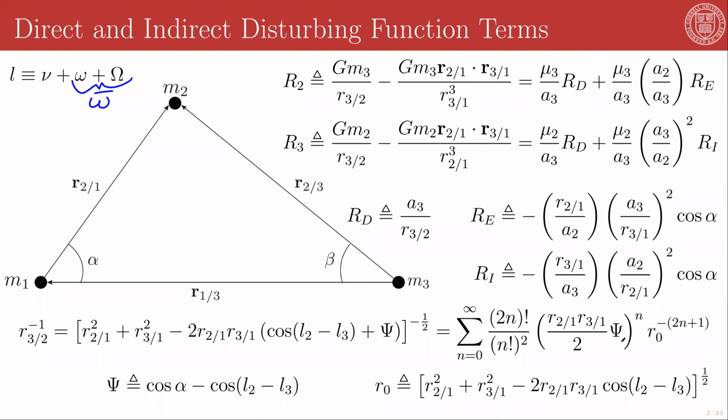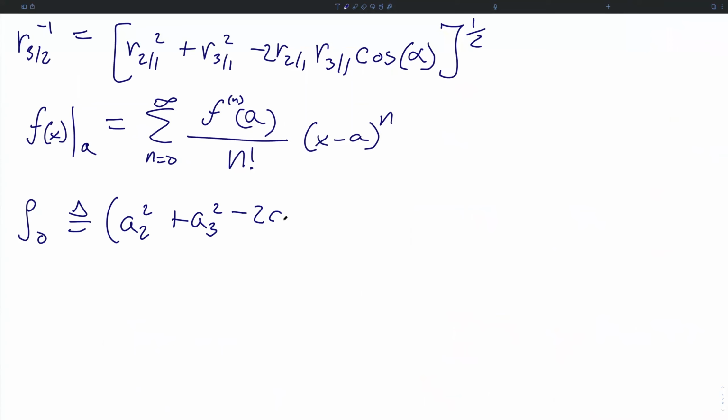We still wish for this expansion to be in terms of the body's orbital elements. And so to facilitate this, we are going to define a new quantity. Rho naught will be defined as a_2 squared, that is the osculating semi-major axis of body 2, plus a_3 squared minus twice a_2 a_3 times cosine of the true longitude of body 2 minus the true longitude of body 3, all square rooted.